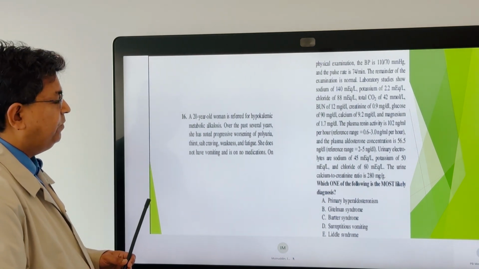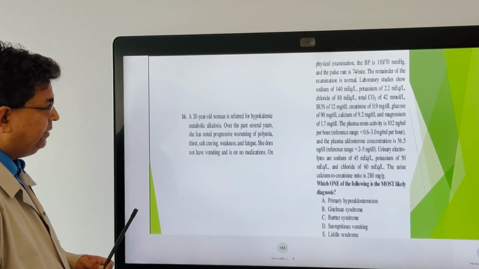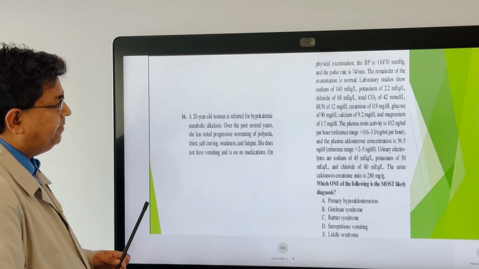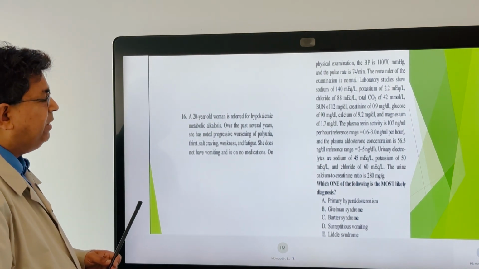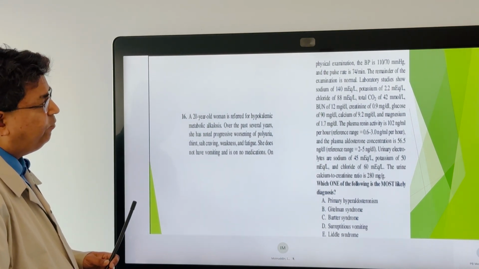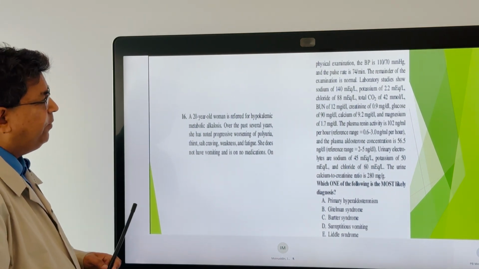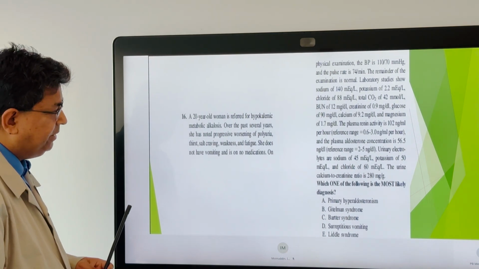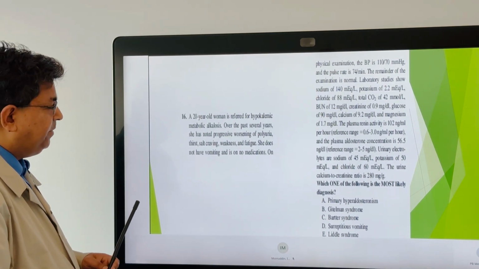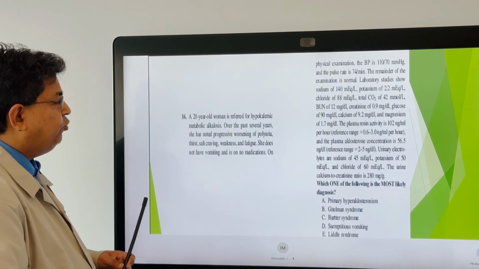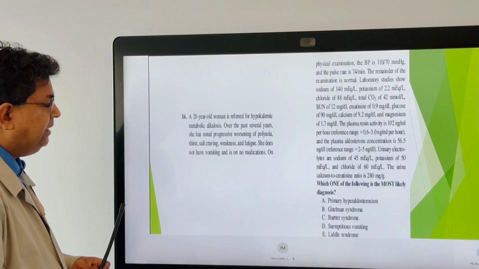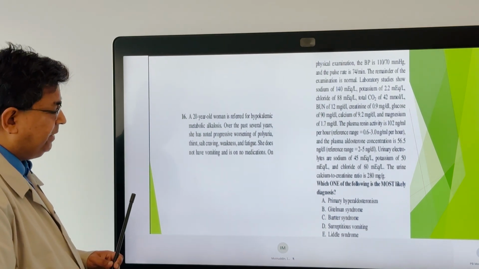Laboratory studies show sodium of 140 milligrams per liter, potassium of 2.2 milligrams per liter, chloride of 88 milligrams per liter, total bicarb of 42 millimoles per liter, BUN of 12 milligrams per deciliter, creatinine of 0.9 milligrams per deciliter, glucose of 90 milligrams per deciliter, calcium of 9.2 milligrams per deciliter, and magnesium of 1.7 milligrams per deciliter.